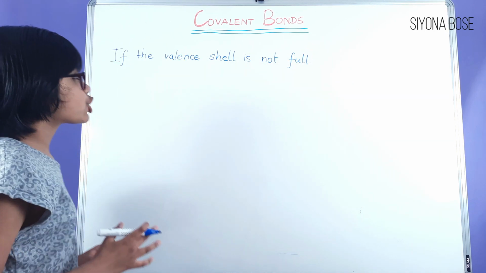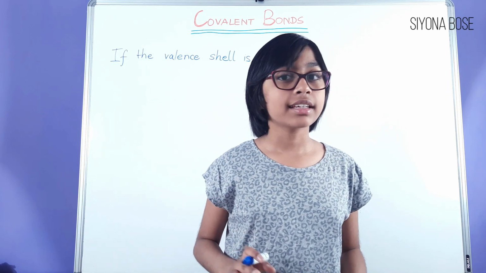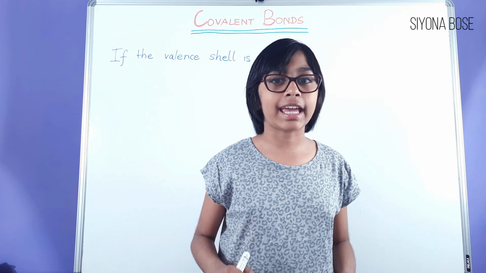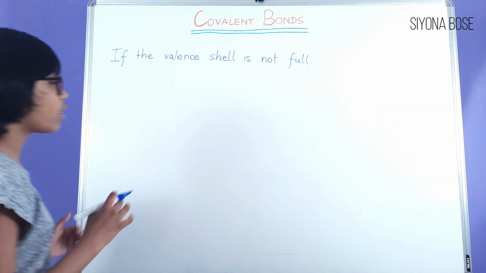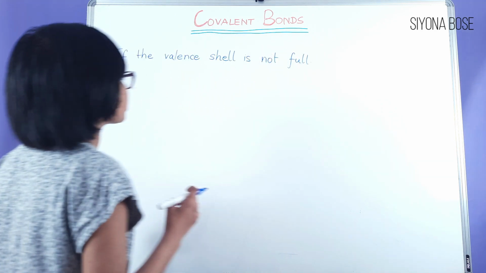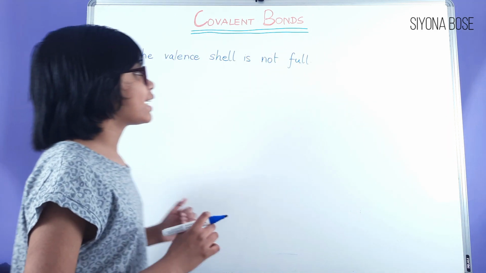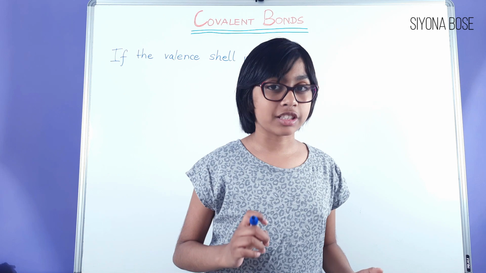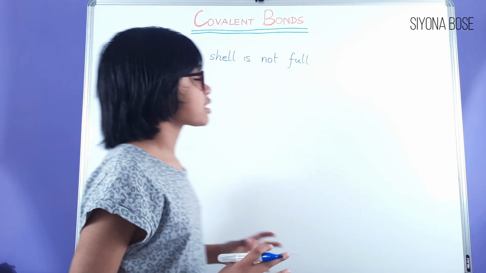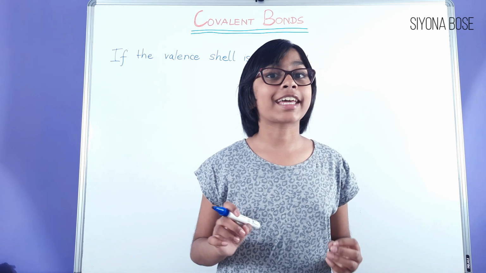That means the valence shell is not up to capacity. If it's the second shell, its capacity is 8, but there are fewer electrons. Then a bond forms to help fulfill the needs of a completed valence shell for both of those atoms. So the sharing of electrons occurs here, forming a chemical bond.